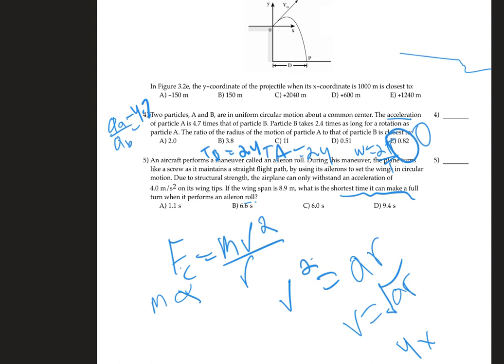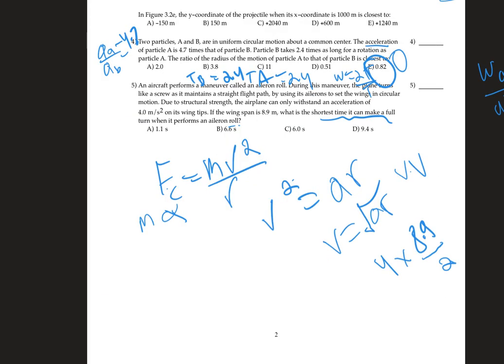which is 8.9 divided by 2, right? And then we get the velocity of 9.948 for the first turn, because this is the centripetal acceleration, right?